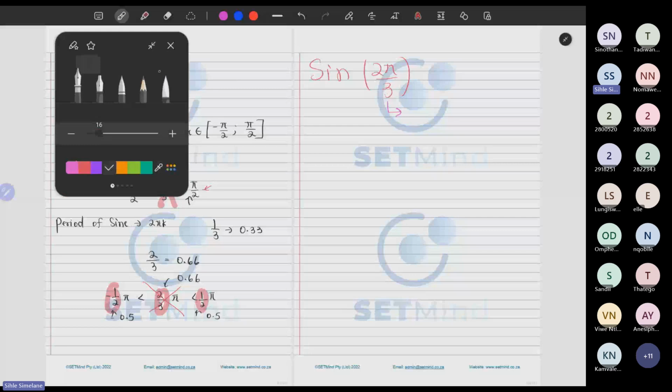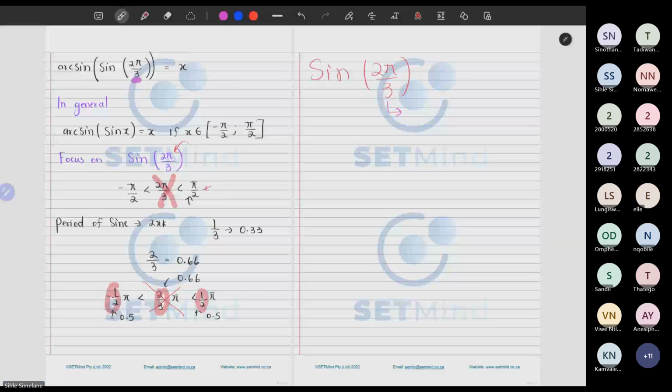So we have sine of 120. If you remember from back in the days, sine of 120 would be 180 minus 60.